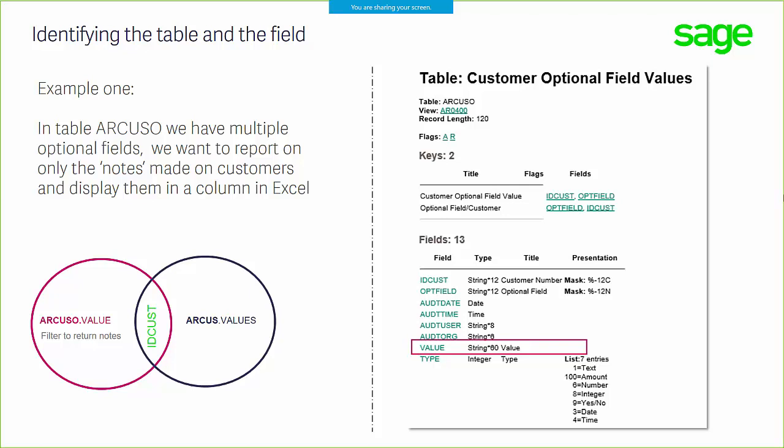So as you can see, in this example that I'm going to take you through, we are going to be working with the customer tables, and we're going to look at the optional fields on the customer table. Now the optional fields is a separate table from your customer table, and therefore we need to pull out the information that we need.